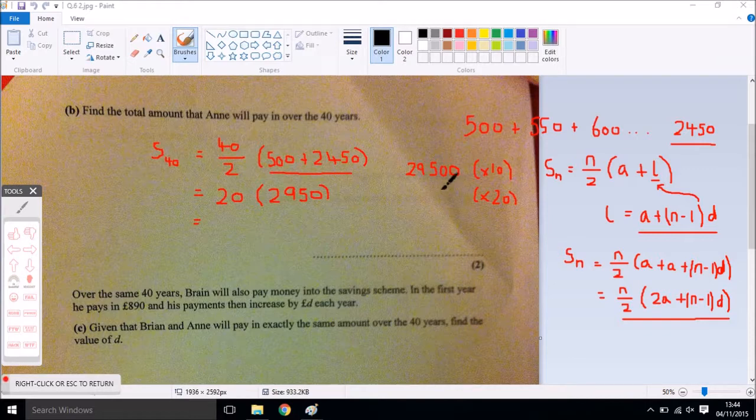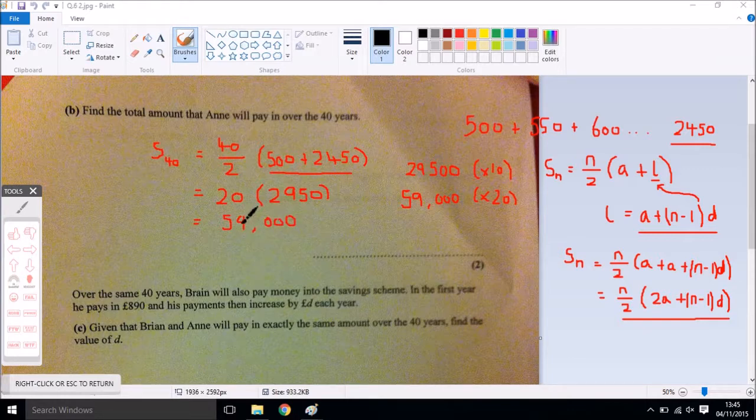Because when we round this up, we've added on 500, so when we double 30,000, we're going to be 1,000 too big. So if we double 30,000 and then take away 1,000, we're left with 59,000. So 59,000 is the sum of the first 40 terms.